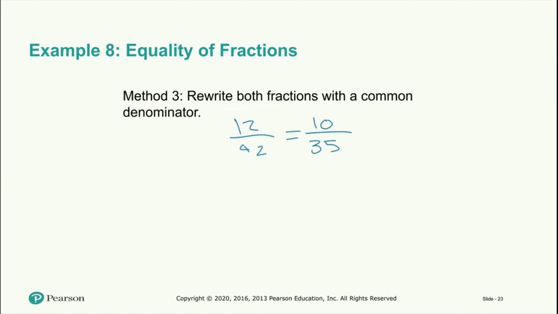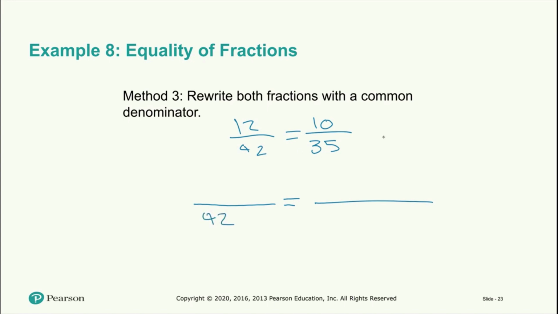Now, given that we have calculators readily available to us, we don't really need to go for the least common denominator. If I just want to quickly show that these fractions are the same, I will just take a common denominator and show that they can both be written using the same common denominator. And of course, the easiest common denominator you can get is just multiplying the two denominators.